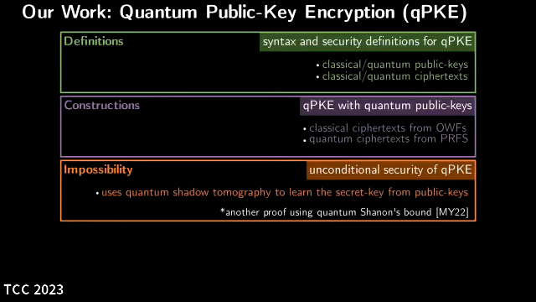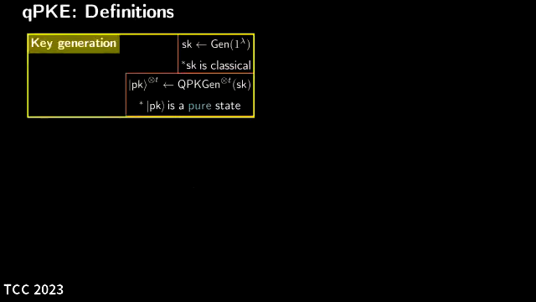In this work, we show that it's impossible to achieve unconditional security for QPKE using shadow tomography techniques. We also want to point out that there's another proof using quantum Sauerbrey, pointed out by Takashi Yamakawa, but that proof is less direct and uses more new quantum cryptographic primitives.